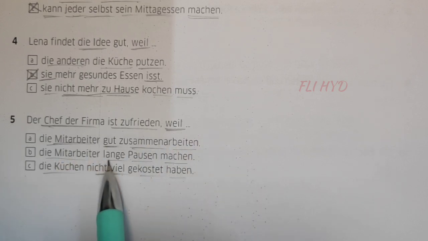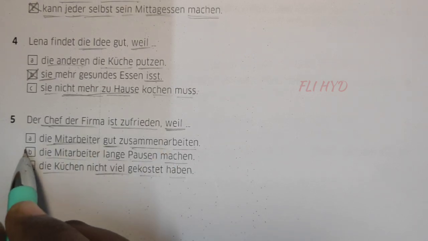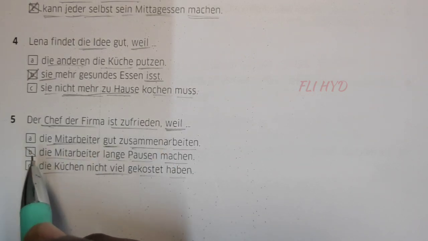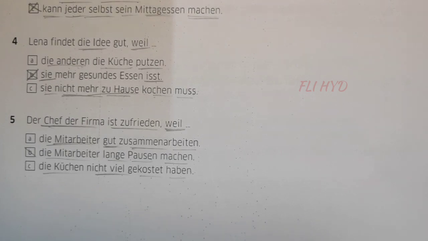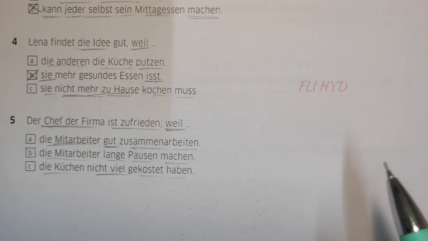The Mitarbeiter lange Pause machen. Yes, the employees are making long breaks, but he doesn't like that. He's not satisfied with that, so this is not the answer. He says that that has to change again. Clear. So the employees are making long breaks, but he doesn't like that. He says that that has to be changed.